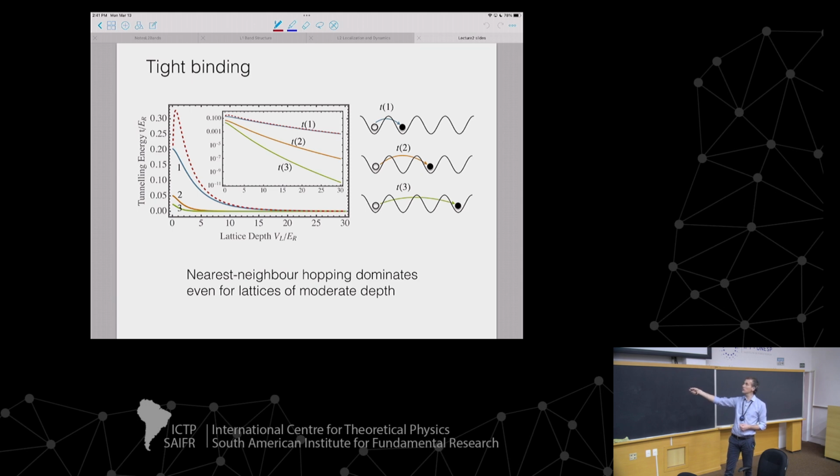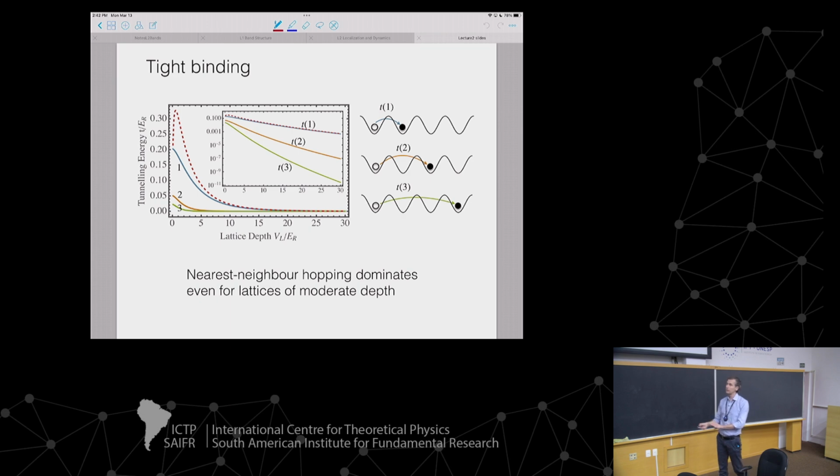And also the ratio between hopping one site versus two sites gets bigger and bigger as I go to deeper and deeper lattices. So for really shallow lattices, it's maybe not so extraordinary to hop two sites, but for deep lattices, and here I go up to about 30 recoil in lattice depth, then hopping further away is less and less probable.